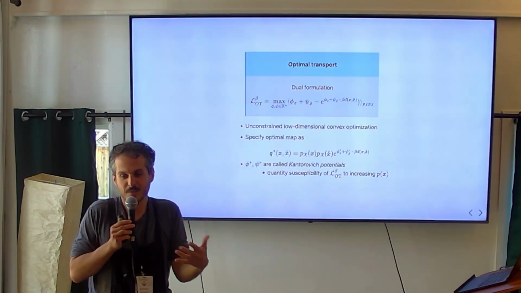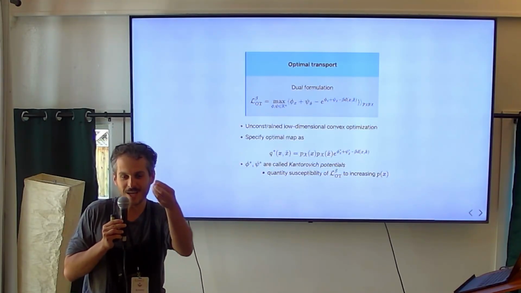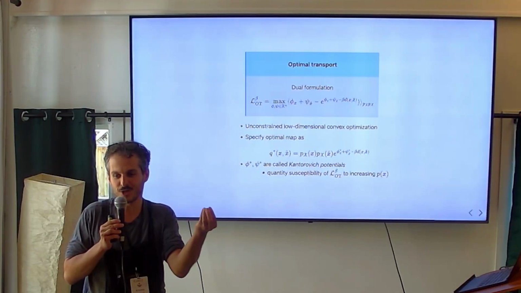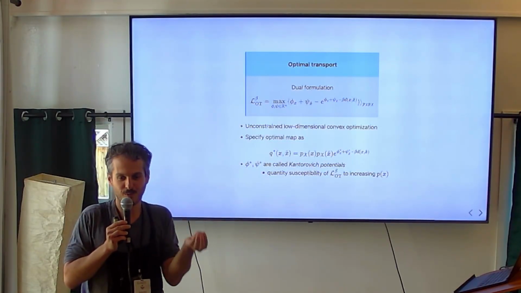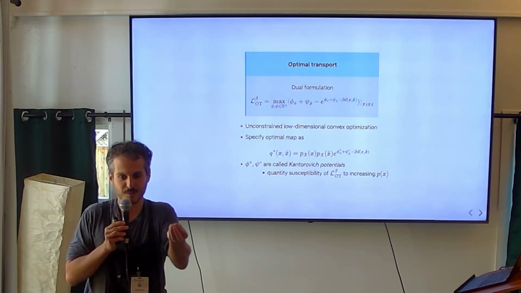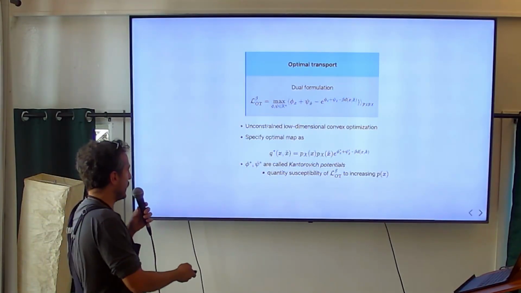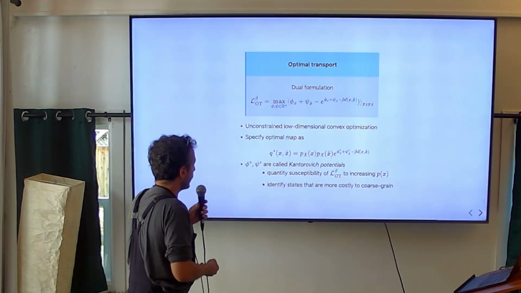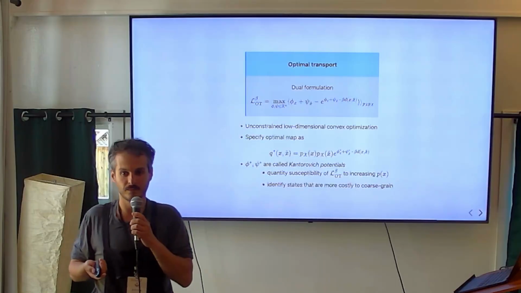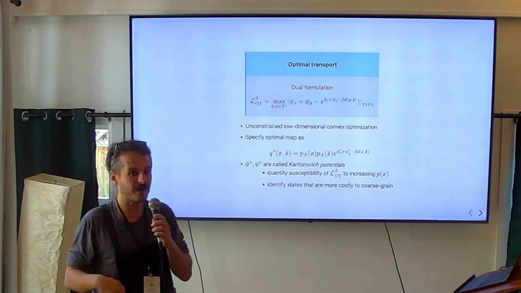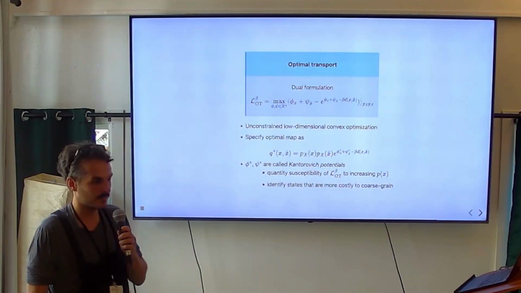Before, I showed you the maze, and for every starting point I can show you the conditional distribution. But what I would like is a number assigned to each point in space that tells me something about that point, like a potential. We can think of these potentials as picking out states that are hard to coarse grain, so that if I put more weight on them, my cost increases by a lot.